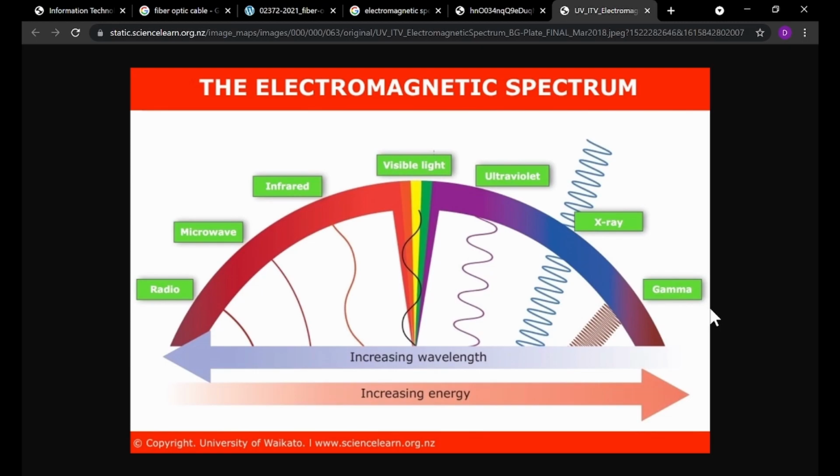In the invisible atmosphere, there is something called the electromagnetic spectrum that scientists have discovered. When they found this, it made it possible to transmit anything through the air.